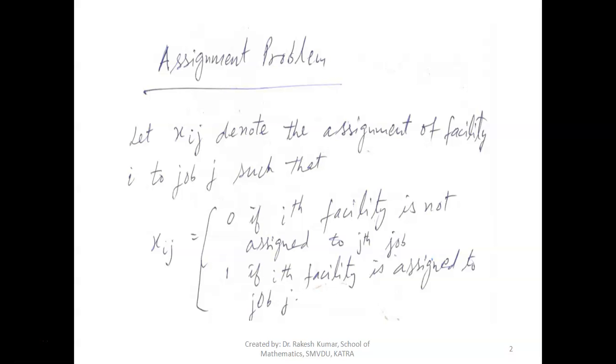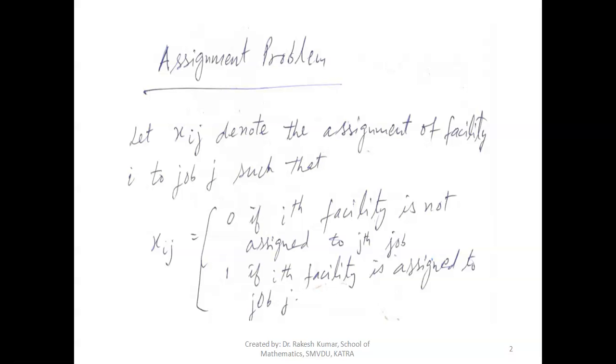Let Xij denote the assignment of facility i to job j, such that Xij is equal to 0 if the ith facility is not assigned to the jth job, and its value is 1 if the ith facility is assigned to job j.